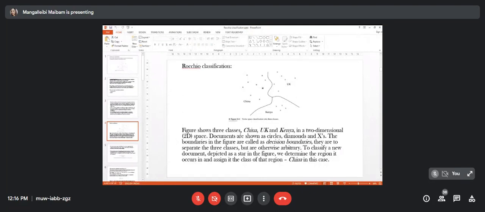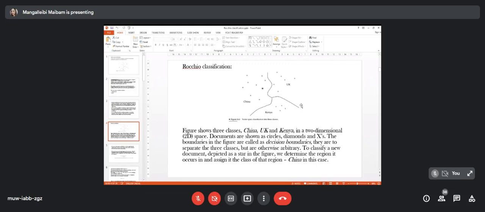This figure shows vector space classification into three classes. We have China class, UK class and Kenya class, in two-dimensional space. The documents are shown in circles, diamonds and X. For China, the document is represented with the circle symbol, for UK it is represented with diamond symbol, and for Kenya it is represented with X symbols.